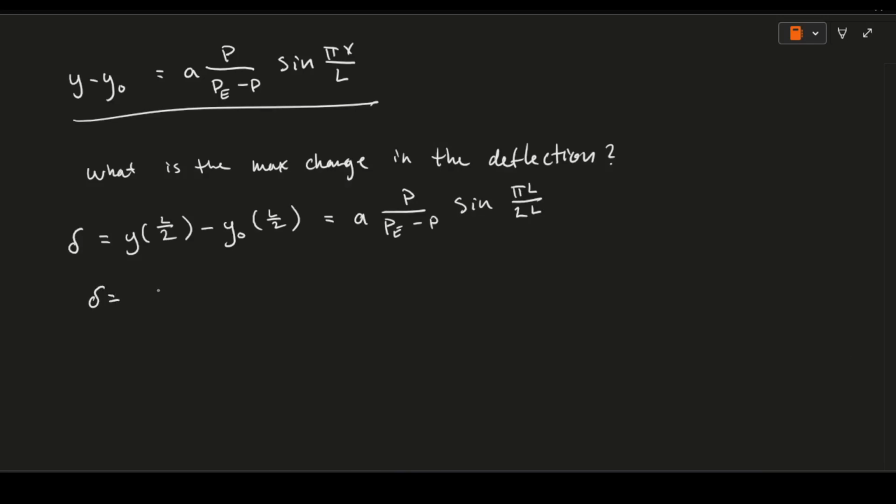So the deflection is equal to a times P over P_E minus P sine of pi over 2.